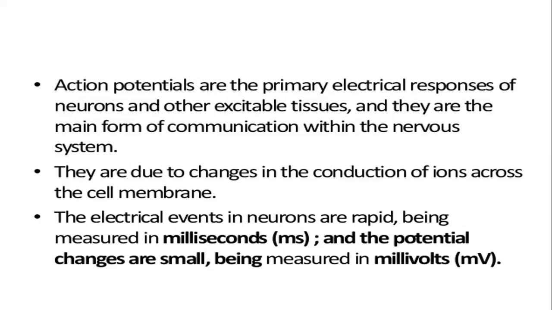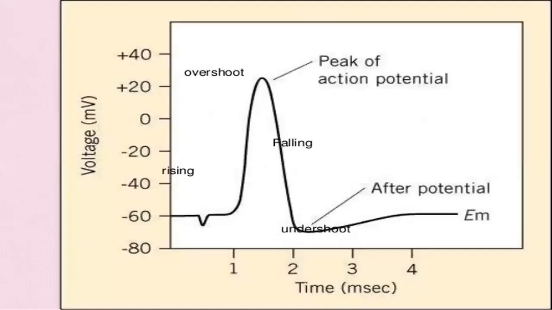So action potentials are the primary electrical responses of neurons and other excitable tissues, and they are the main form of communication within the nervous system. They are mainly due to changes in conductance of ions across the cell membrane. The electrical events in neurons are rapid, being measured in milliseconds, and the potential changes are small and measured in millivolts.